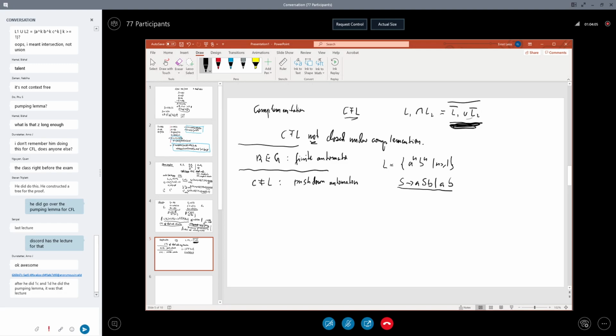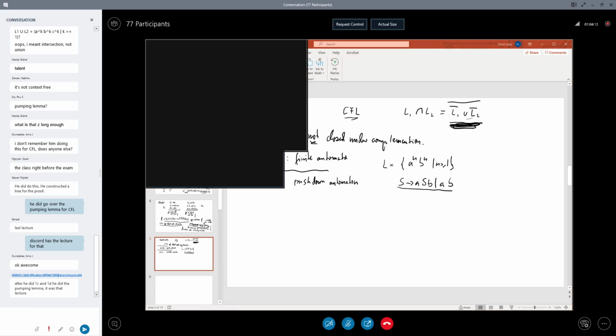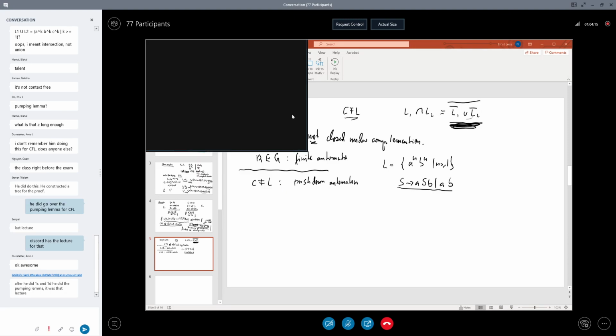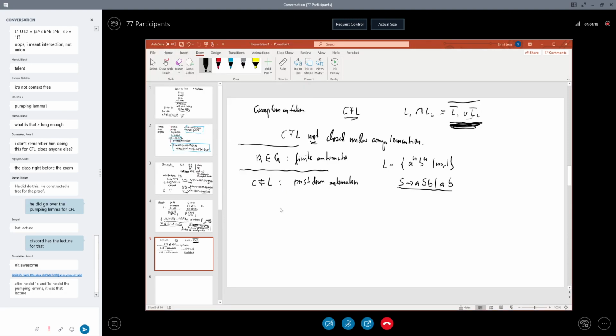Well, in the finite automaton, there is no counting ability. You can count modulo something, but you can't count.